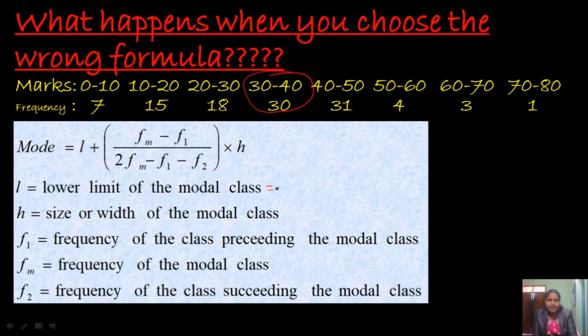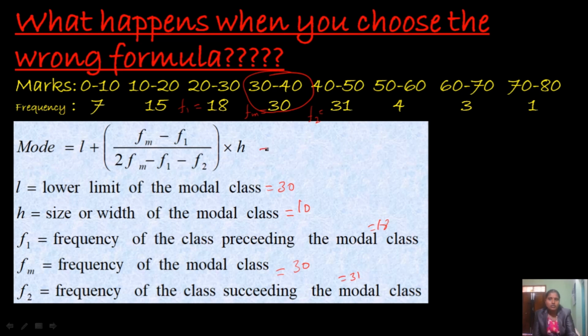So L is the lower limit of the modal class, that is 30. H is the size of the modal class, 10. F1 is the frequency of the class preceding the modal class, that is 18. And Fm is the frequency of the modal class, that is 30. This is my Fm. And F2 is the frequency of the class succeeding the modal class, that is 31.